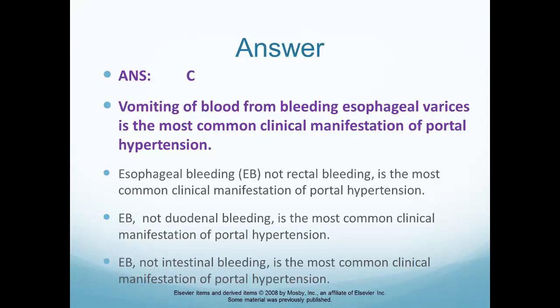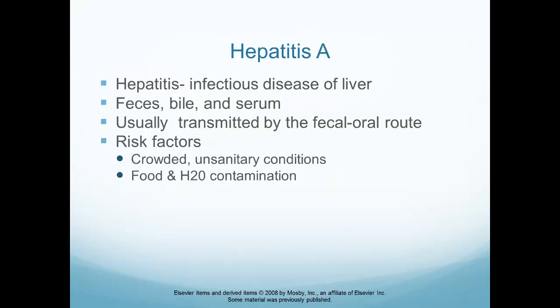Esophageal bleeding, esophageal varices, is the most common cause of the person having vomiting of blood from the bleeding esophageal varices, the most common clinical manifestation of portal hypertension. So most of the time we don't know until we see esophageal variceal bleeding or until we start to see the development of ascites.